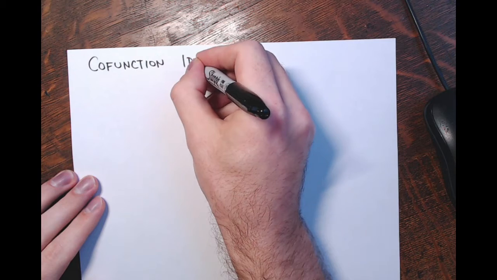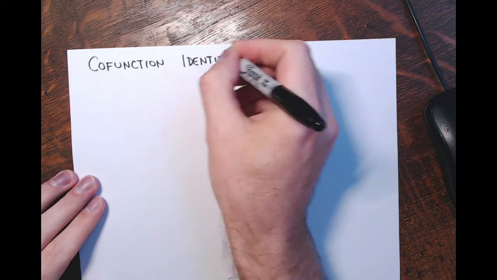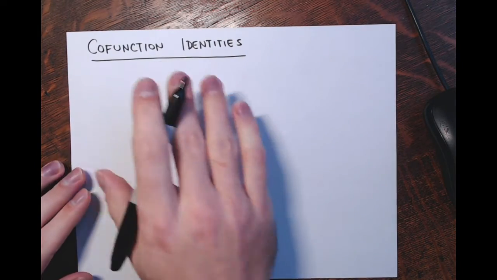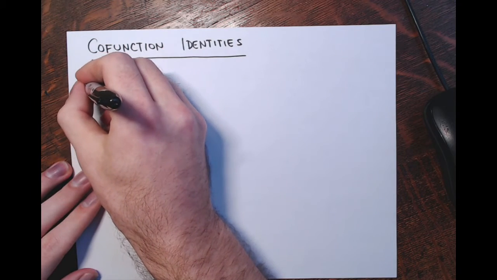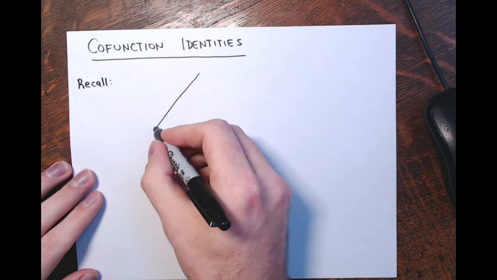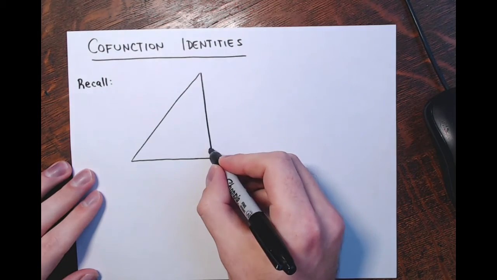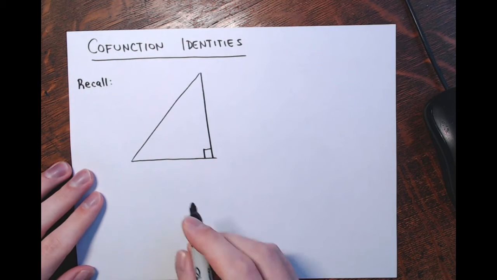So the cofunction identities. First, before we get into what these are, let's remember some stuff about right triangles. If I had a right triangle, there's a 90-degree angle there. That's not very 90 degrees, I apologize.